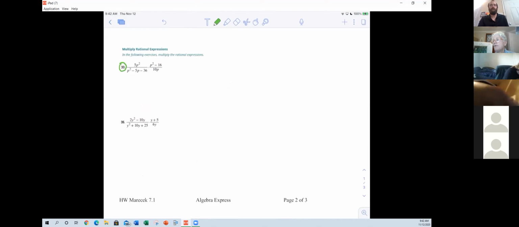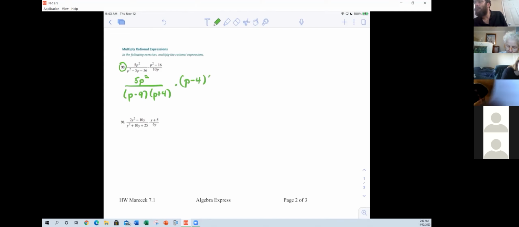we have already factored this. So if you look at the little sheet of all the factorizations that we've done, this would turn out to be 5p squared over p minus 9 times p plus 4, times p minus 4 times p plus 4, over 10p.